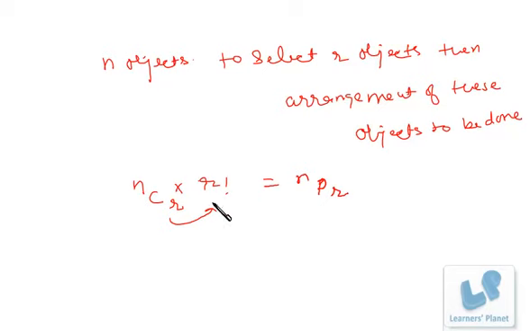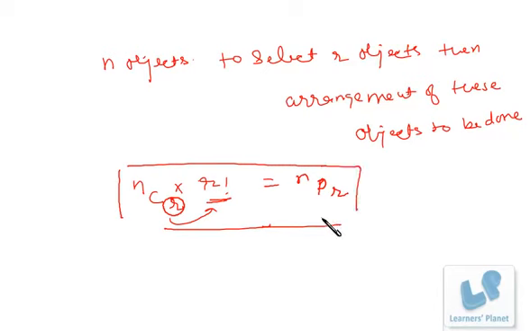We selected r objects and we are arranging r objects. So arrangement of selected objects is permutation, and only selection is combination, right? This is the difference between these two, and this is the relationship between these two: nCr into r factorial is nPr, right?